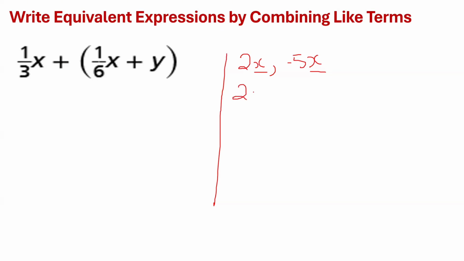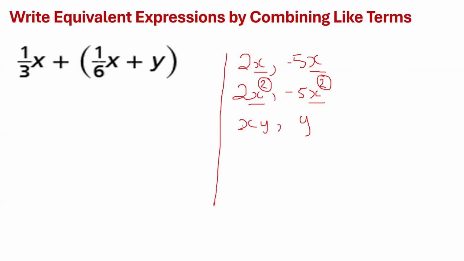Let's say that we have 2x squared and we have negative 5x squared. These are like terms. Why? They have the same variable and they have the same exponent. Let's say we have xy and we have y. These are not like terms. Why? Here we have xy, and in this term we only have y. For them to be like terms, they must have the same variable.